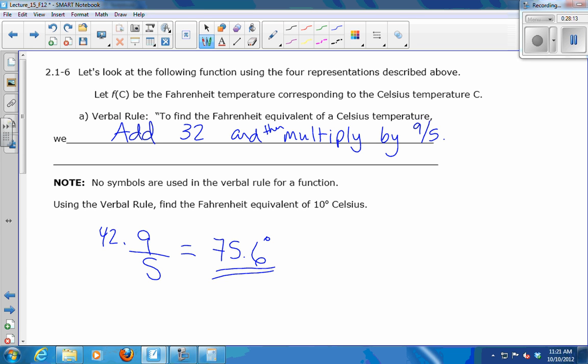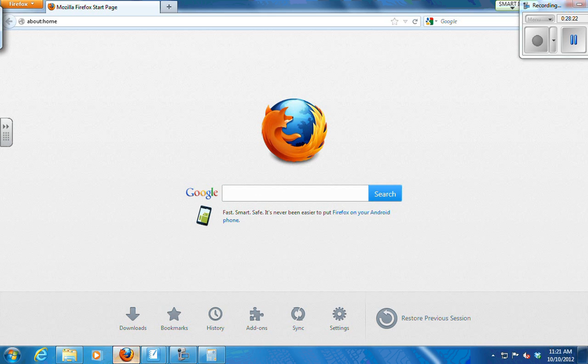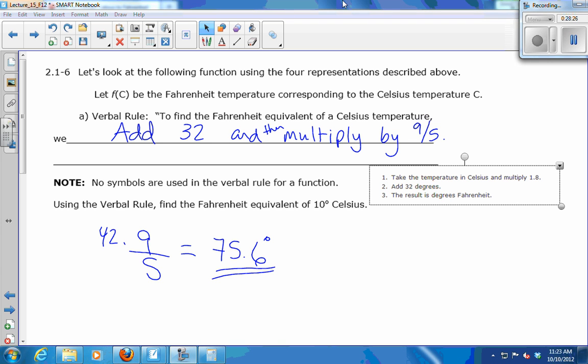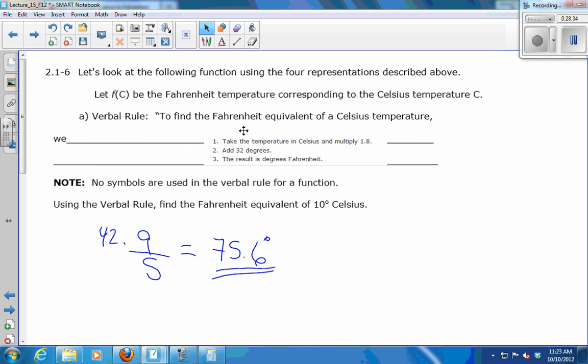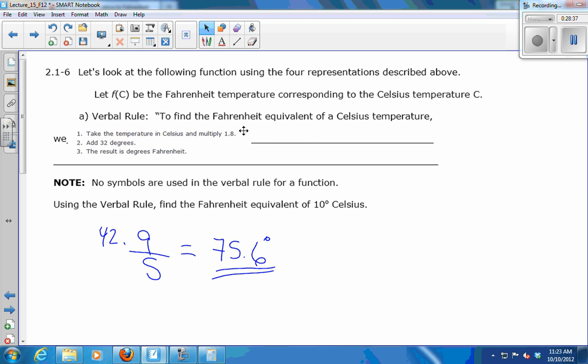Does that make sense? Let's just double check. Okay, so we had it wrong again. Third time's a charm. So we're supposed to take the temperature in Celsius, multiply by 9/5, then add 32.